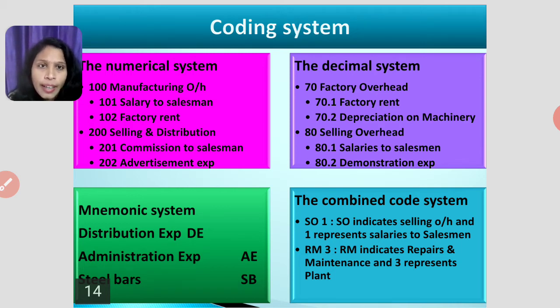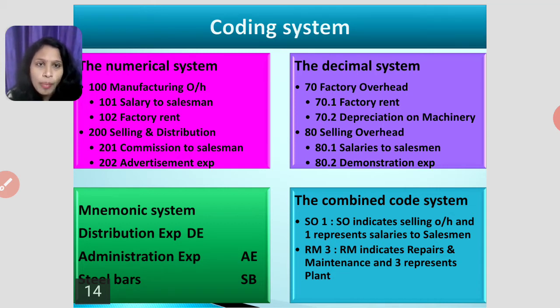Then the second example of the numerical system: we assign the code 200 to selling and distribution. Then it's a series of 200, 201. We give the code 202 for commission to salesman. We assign a number to advertisement expenditure. Whenever we write in books of accounts, we give only the number, 101.